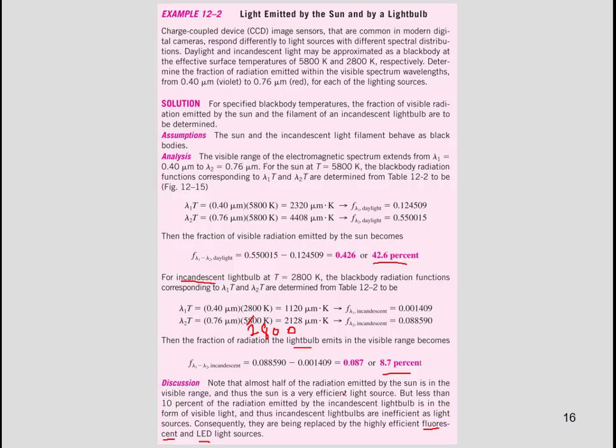So you can see in this example how you can calculate the radiation energy, or fraction of radiation energy, for each band or range of the wavelengths at different temperatures.